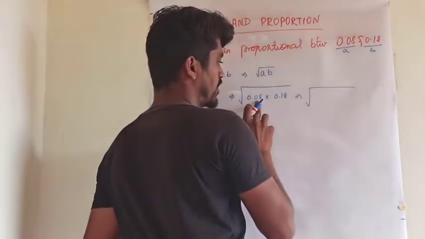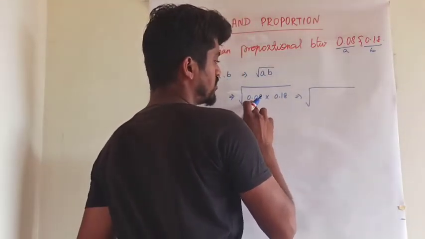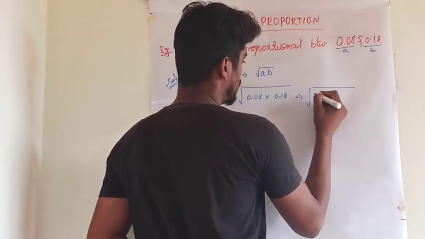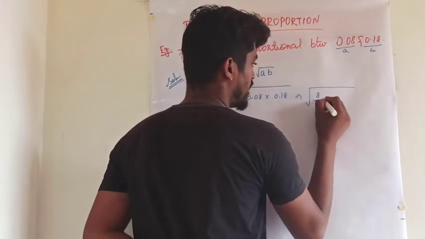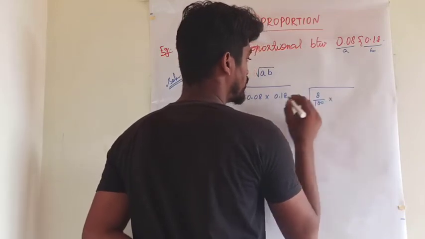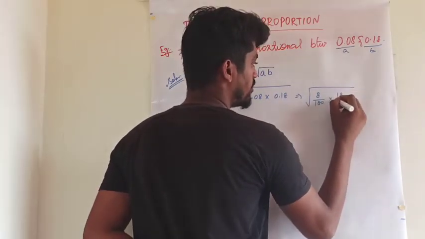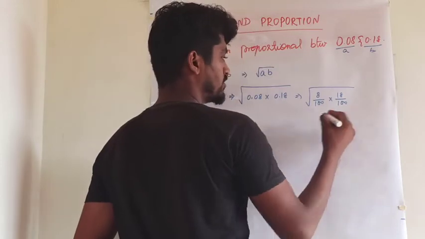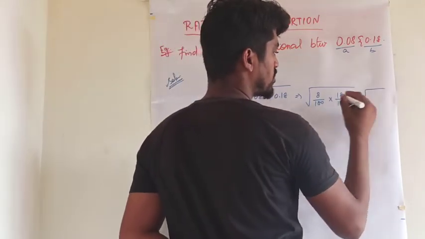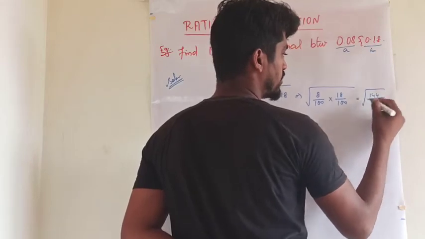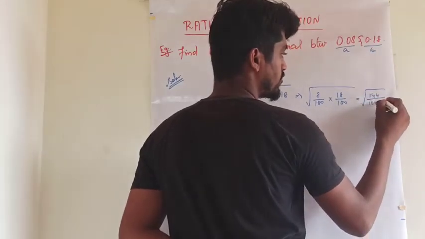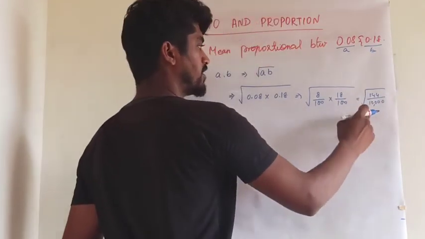So 0.08 has two digits after the dot, so we have to multiply and divide by 100. 8 by 100 into, here also same, 18 by 100. The multiplication of numerators is 144 divided by the denominator 10,000, since 100 into 100 is 10,000.